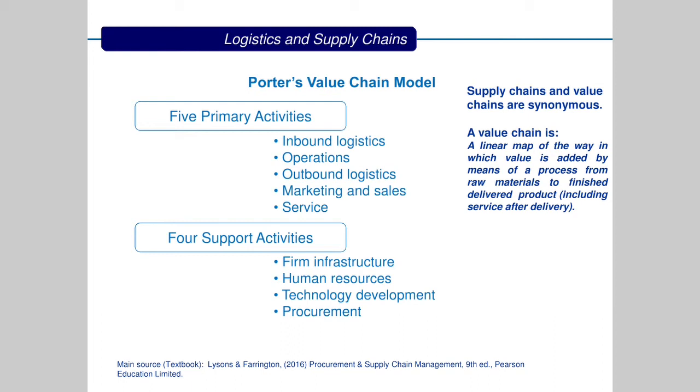According to Porter, there are five primary activities: inbound logistics, operations, outbound logistics, marketing and sales, and service. And there are four support activities: firm infrastructure, human resources, technology development, and procurement. We will talk in detail about these activities.